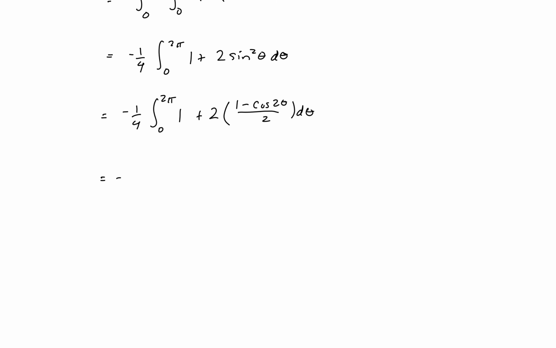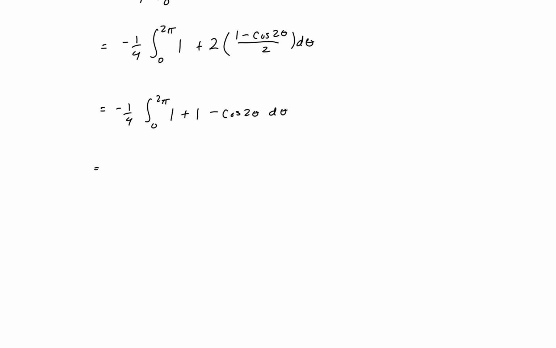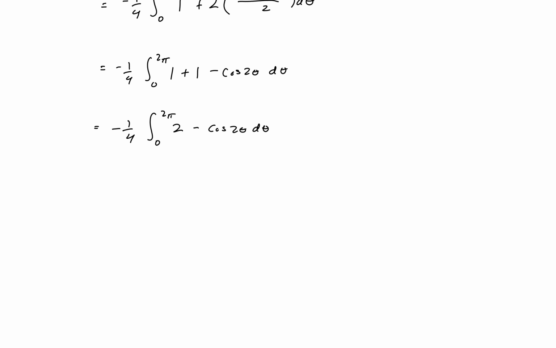And so this becomes minus 1/4 integral from 0 to 2 pi of 1 plus 1 minus cosine of 2 theta d theta. So this becomes minus 1/4 integral from 0 to 2 pi of 2 minus cosine of 2 theta d theta.